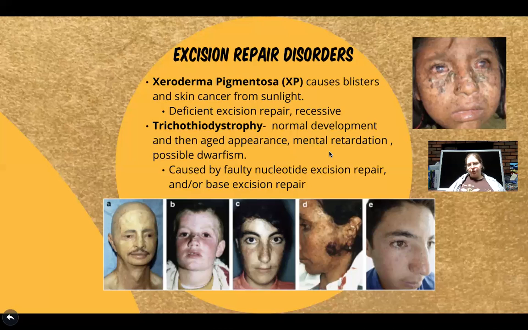If it's just a faulty nucleotide excision repair, then you'll get one variation of this with particular symptoms. And if it's the variation where you have both faulty nucleotide and base excision repair, then you get another variation of it.